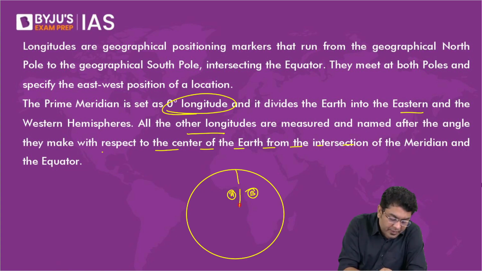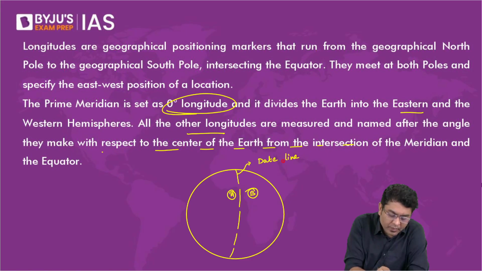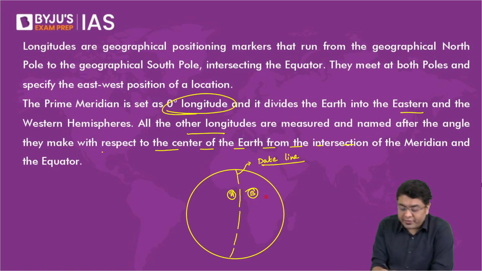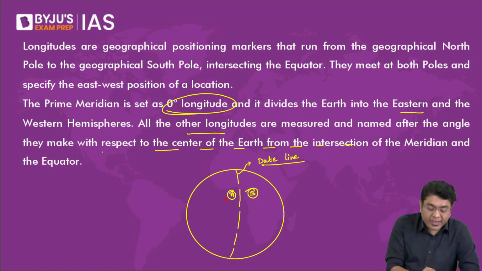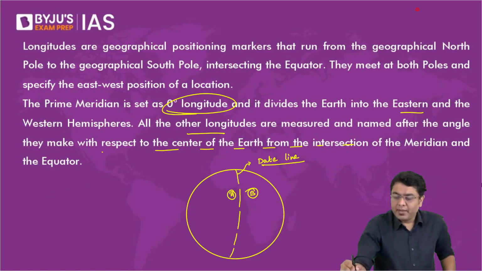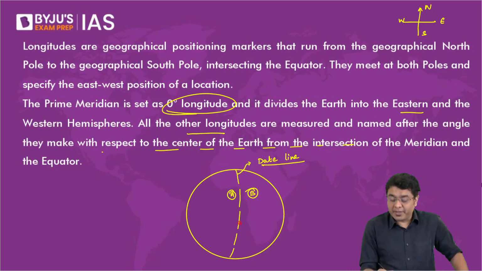Okay. Now, here, when we talk about the regions A and B, let's suppose this is the date line, imaginary. Let us imagine this is your date line. I hope the directions are clear to all of us. This is your east, this is your west, this is your south. As per the dateline, this will be your east.